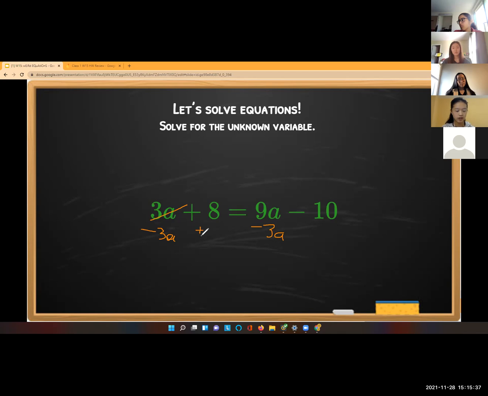What this does is move all the variables of a to the right side and all the other numbers to the left side. So we have 18 equals 3 times a, or sorry, 6 times a. Then if you divide by 6 on both sides, you'll get a equals 3.